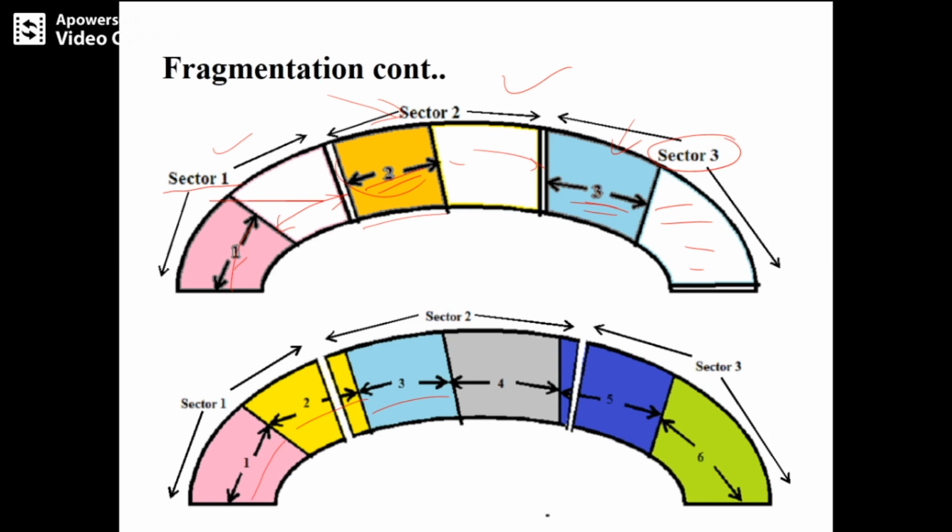You can directly go to that sector and get your data in one single access. But with this type of organization, if you want to read sector 1, then in one single seek you can get record 1. But if you want to read record 2, what will happen? Record 2 is spread over two different sectors, sector 1 as well as sector 2.